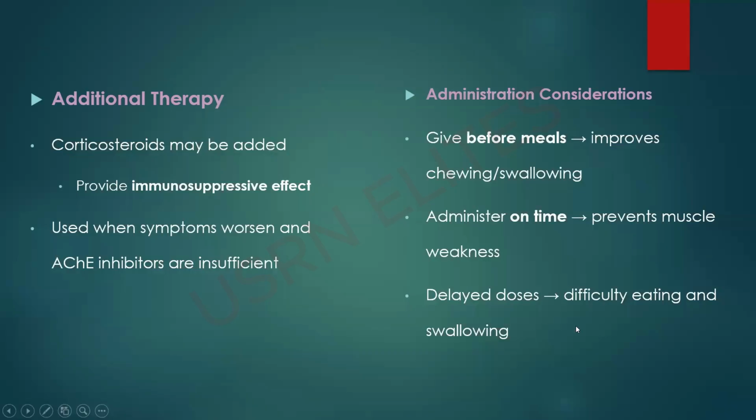Delayed doses will make it difficult for the patient to eat or to swallow. That's if you delay the dose. So don't even think about missing doses. Okay. All right. If you have any question on this slide, you can ask.